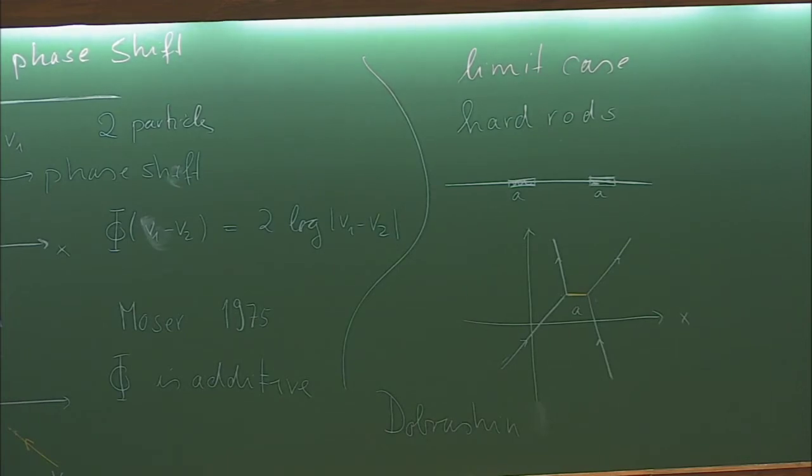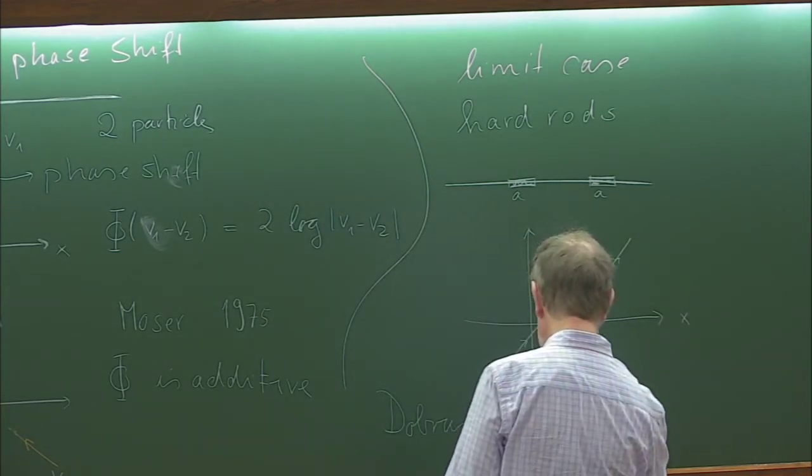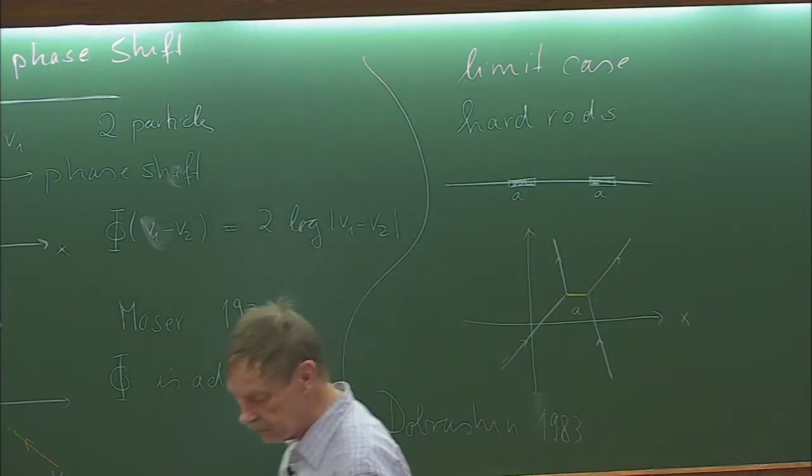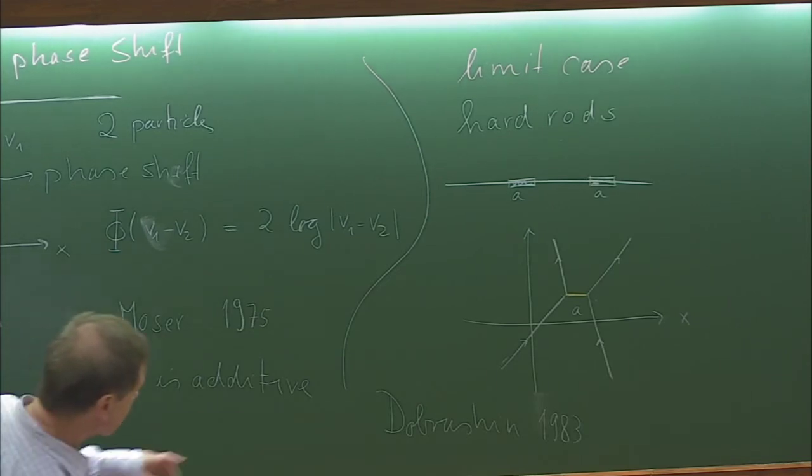He worked years on it. This is 1983 already. Okay, there were later papers, but this is presumably the first paper he wrote. And for this system, you can prove whatever you want. You can establish the generalized hydrodynamics, and you can prove the validity starting from microscopic motion.